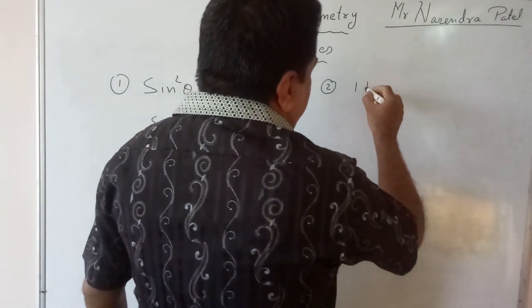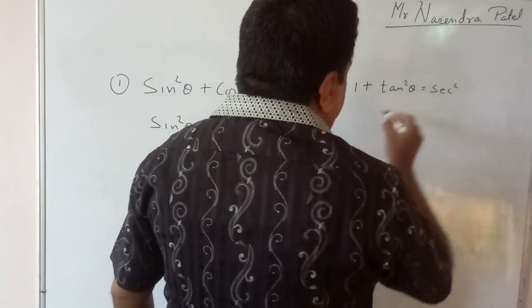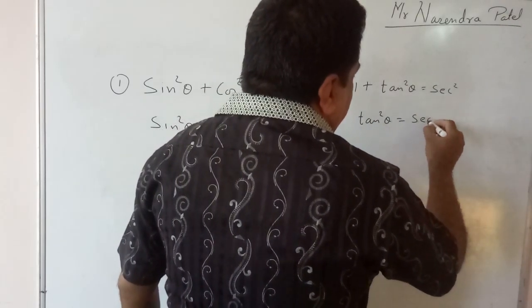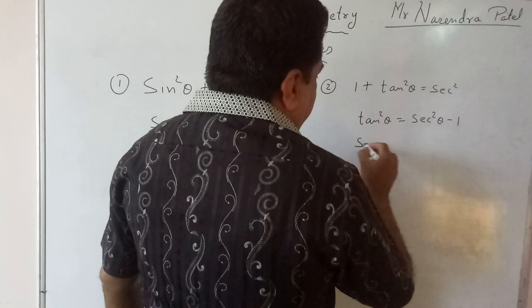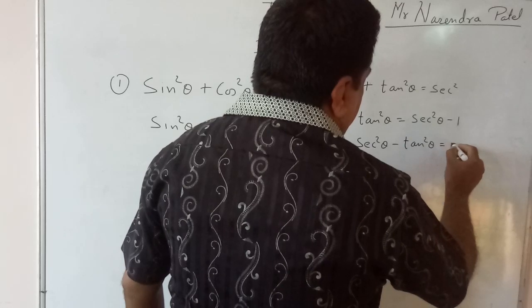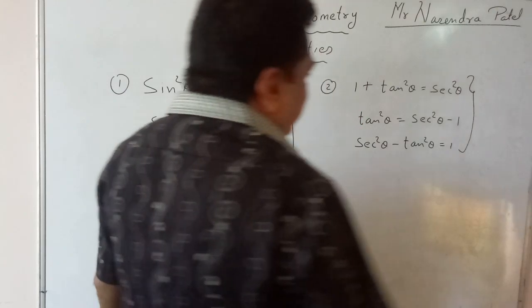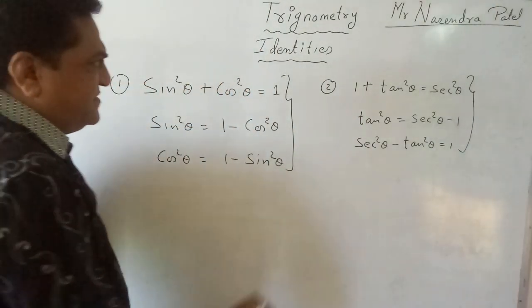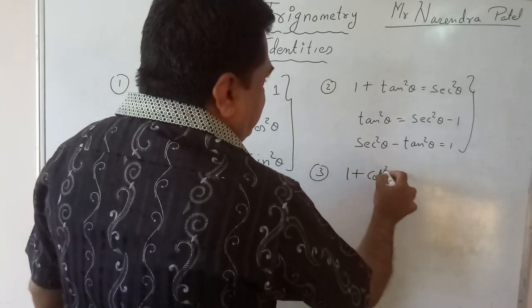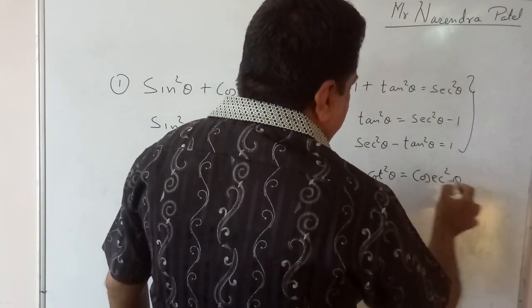Second identity, 1 plus tan square theta is equal to sec square theta. Tan square theta is equal to sec square theta minus 1. Sec square theta minus tan square theta is equal to 1. These three identities are the same, there is no change in them. Third identity is 1 plus cot square theta is equal to cosec square theta.